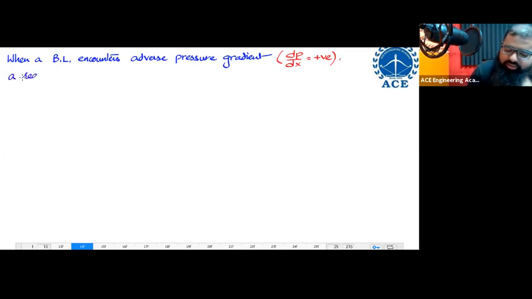A region of reversal of flow, known as wake, is formed.